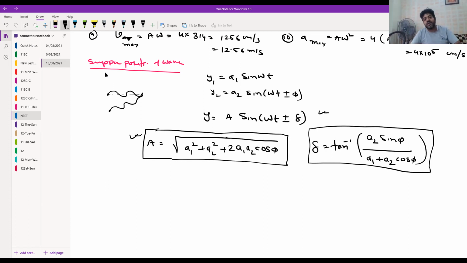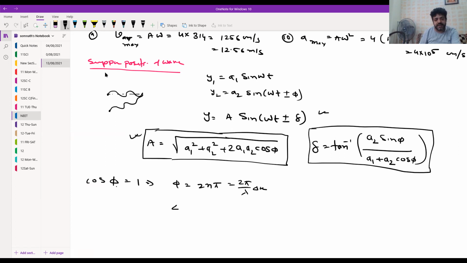And you know what we mean by constructive wave and destructive wave, when phi is maximum and when phi is minimum. When cos phi is 1, the phase difference is 2n pi, that is 2 pi by lambda into delta x.